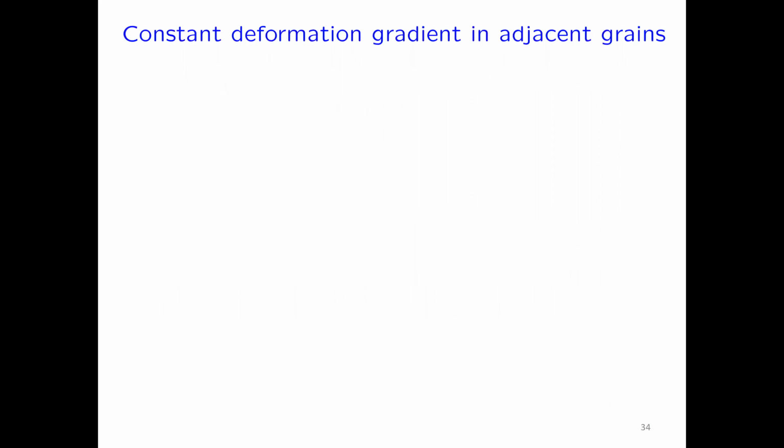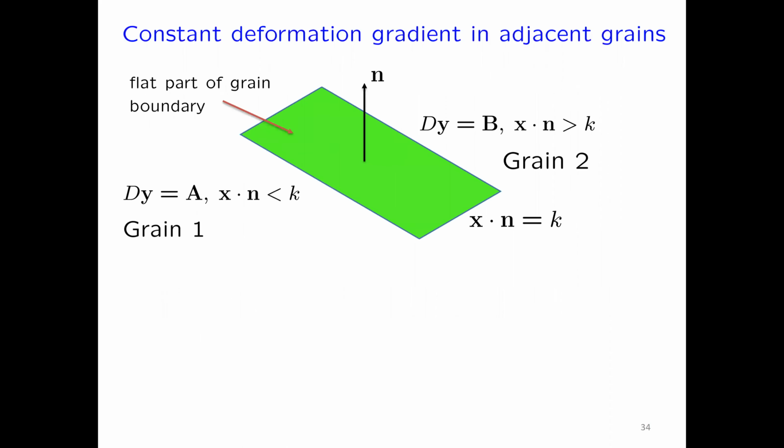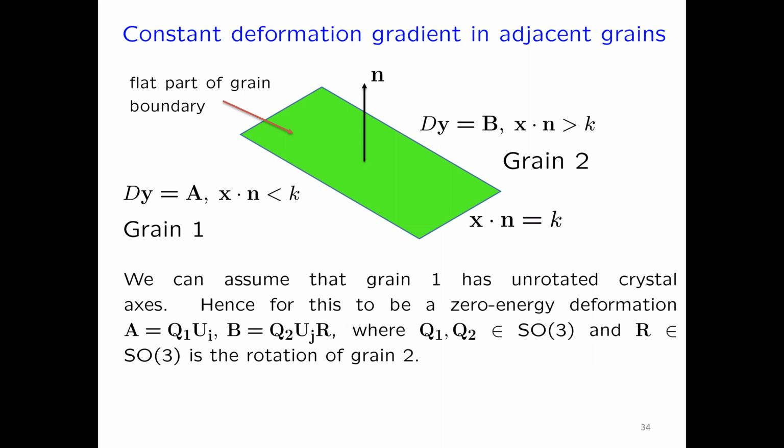Now, what's the simplest thing that could happen? Could you have a constant deformation gradient in each adjacent grain? Suppose we have a flat part of the grain boundary. On one side is grain 1, where the gradient is A, and on the other side, in grain 2, which has rotated crystal axes, we have another gradient B. We can assume that grain 1 has unrotated axes.